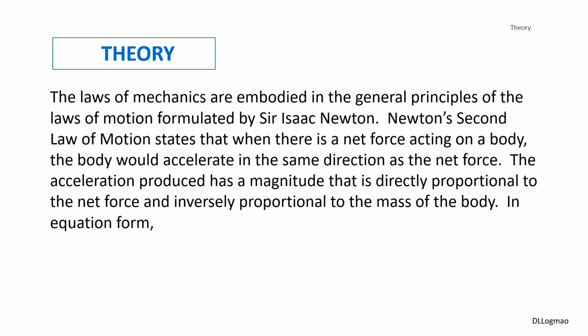The acceleration produced has a magnitude that is directly proportional to the net force and inversely proportional to the mass of the body. In equation, acceleration a equals net force, F sub net, divided by the mass m, or the acceleration is equal to the ratio of the net force and mass.